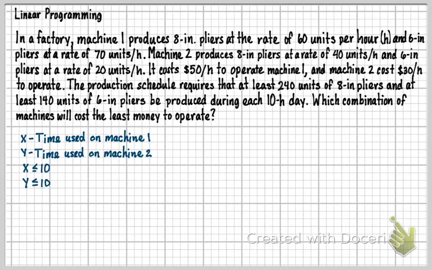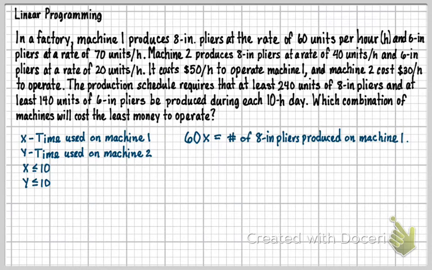Now notice with machine 1, it says it can create 8-inch pliers at a rate of 60 units per hour. X is the time on machine 1, so if I think of 60 per hour, I can think of 60X being the number of 8-inch pliers produced on machine 1.